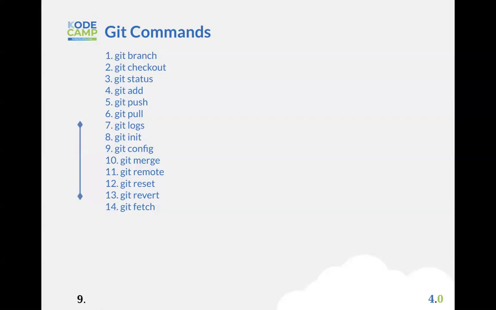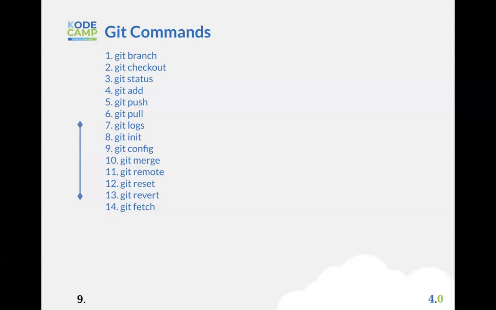But in order to be able to push these changes from your local repository to the remote repository, you need to stage them. You need to set them up to be able to be pushed so that they can be separated from other changes that you don't want to push to your remote repository, right? So staging is like a process of grouping a particular set of changes to be pushed into your remote repository.